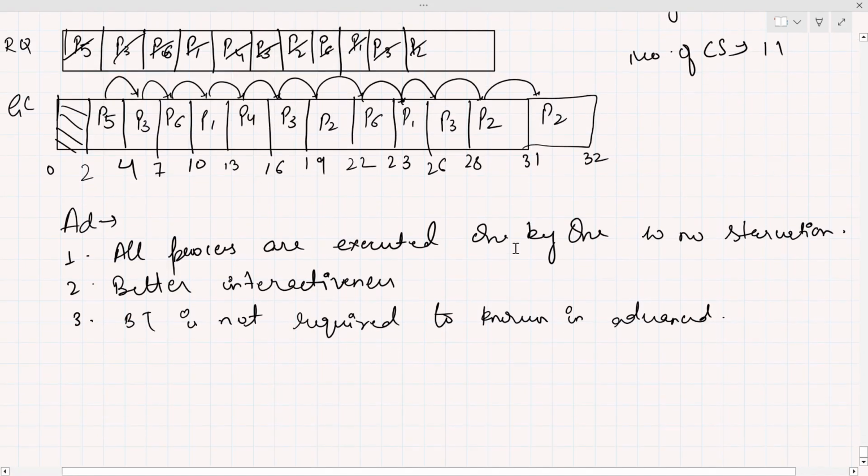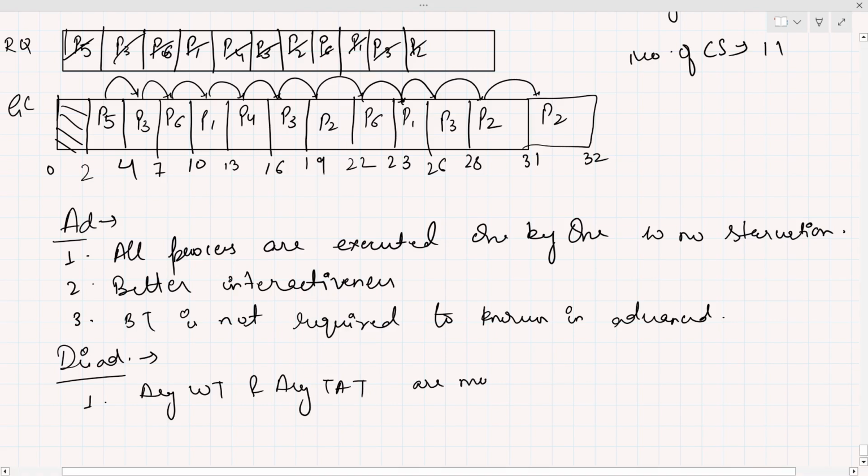Okay, now we talk about the disadvantages. First of all, the average waiting time and average turnaround time that you calculate with the round robin scheduling algorithm are more.